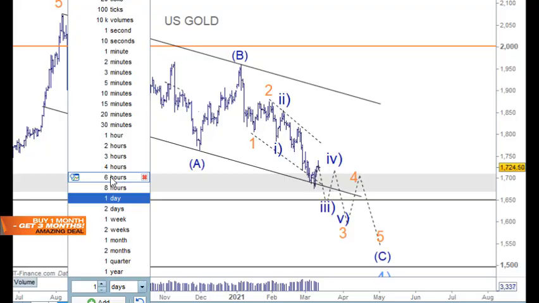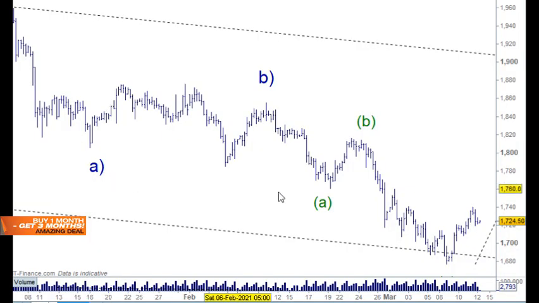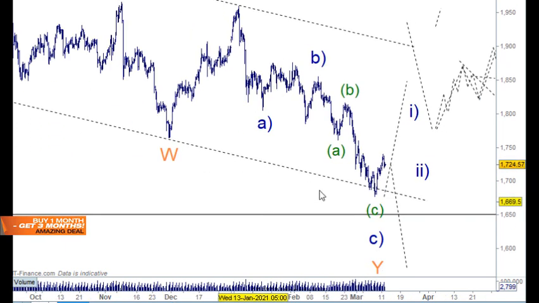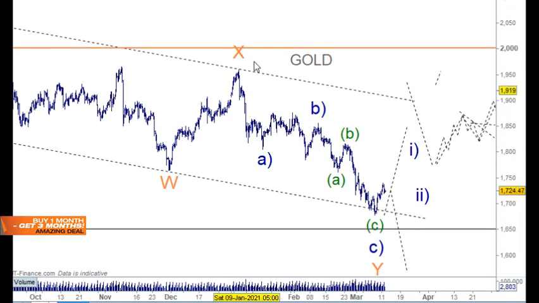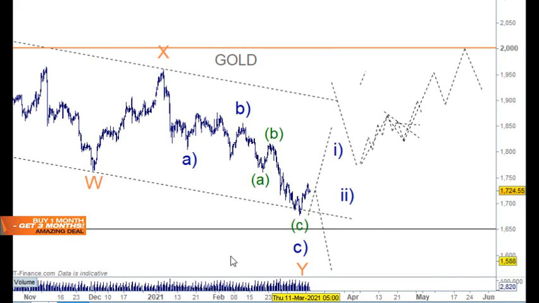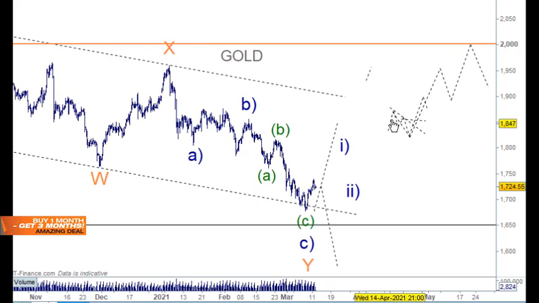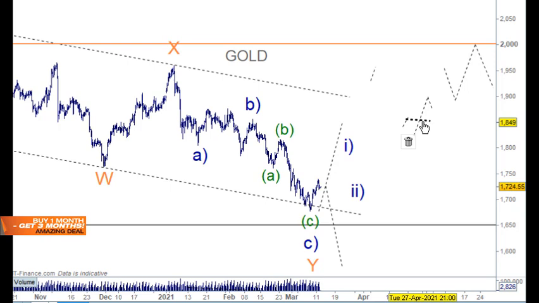In terms of it being a bullish count, then we can move into our bullish count that we've been tracking for quite some time, which is WXY here, finishing as an A and a B wave to here, and then finishing in 3 waves here for the C. So this is all not said and done at this point, but we are seeing this move up, so we need to manage that, and we need to find a way in on the long side. So that's what we're going to talk about today.